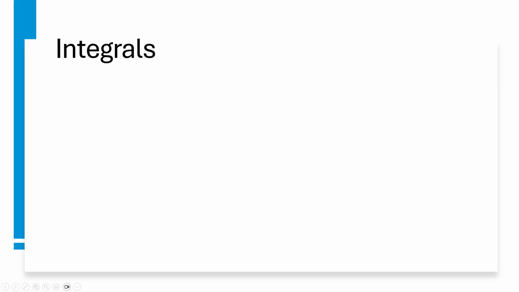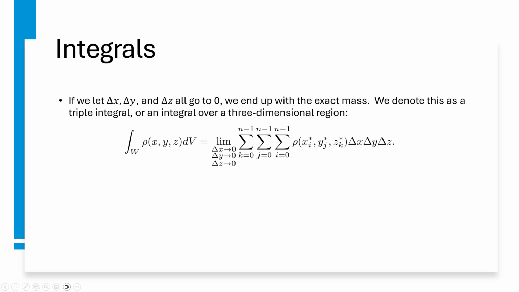So how are we going to get integrals out of this? The same way as we normally would. We let those delta x, delta y, and delta z all go to 0, which means we're increasing the number of boxes, more sub boxes. So as usual, we have this kind of nasty thing over here. But remember, this part here is the approximate mass of one of the small boxes.